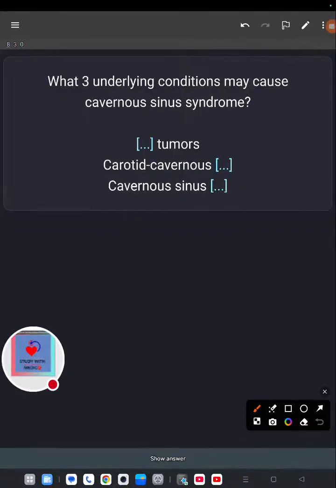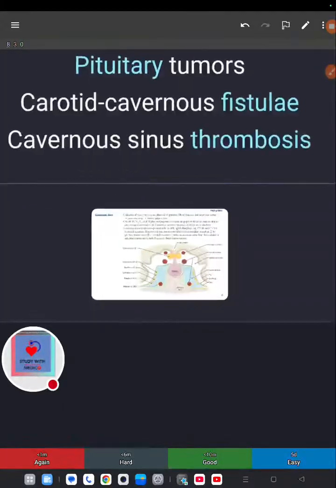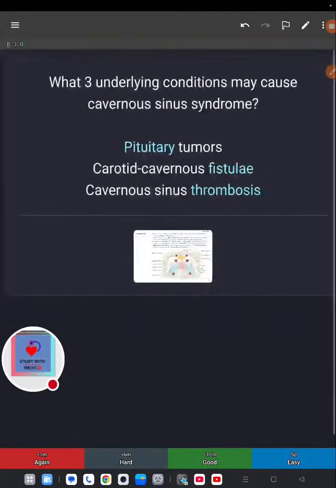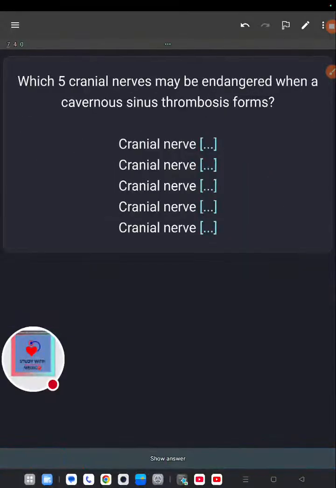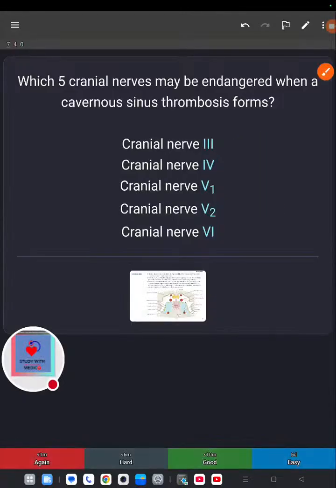Pituitary tumors, carotid cavernous fistula, or cavernous sinus thrombosis. Cranial nerves 3, 4, 5-V1, 5-V2 will come, and here the 6th.